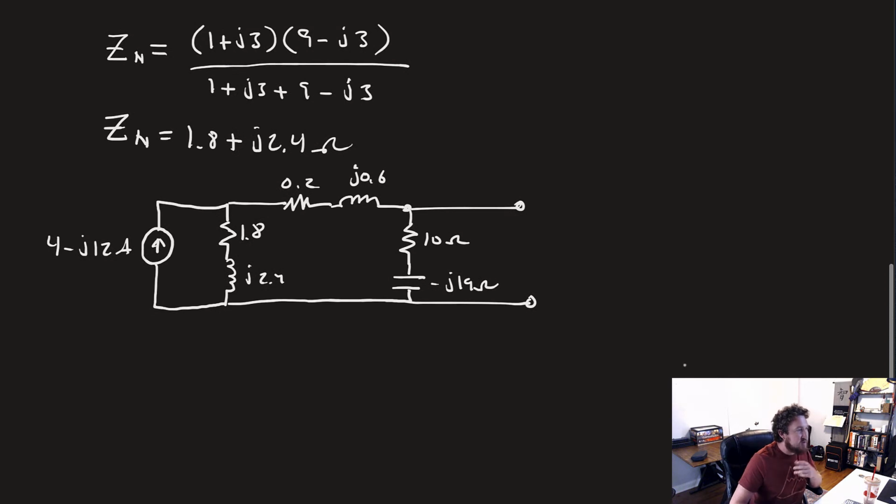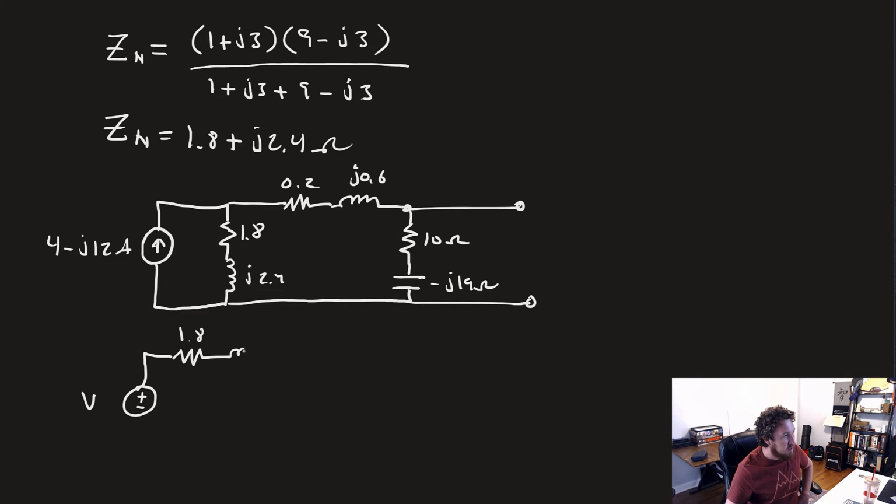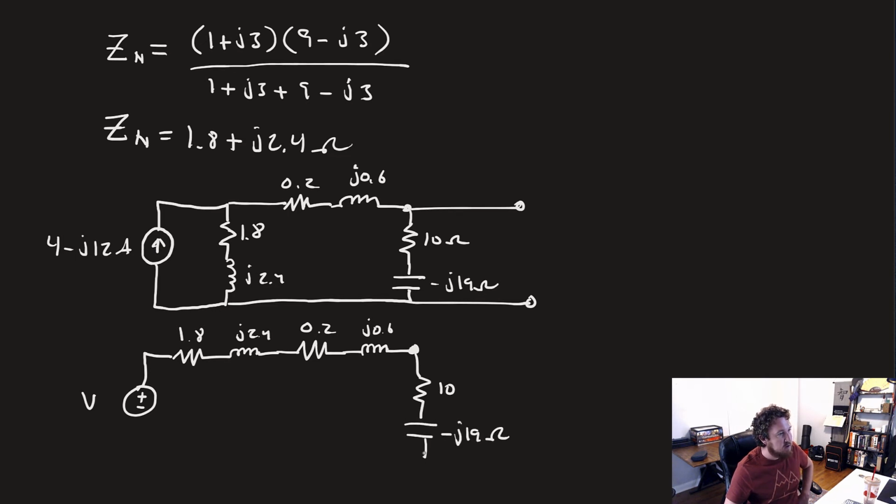The next thing we need to do is flip it back to a Thevenin equivalent circuit so that we can combine with those impedances on the top. So we've got our voltage source V that we'll need to calculate in a second, in series with 1.8, j2.4, 0.2, j0.6, and then 10 and our minus j19 ohm capacitor. Those will all be connected in series, so that'll be pretty easy to calculate.